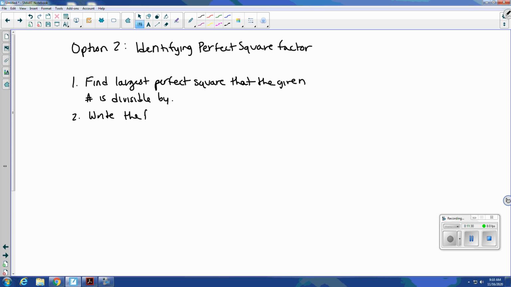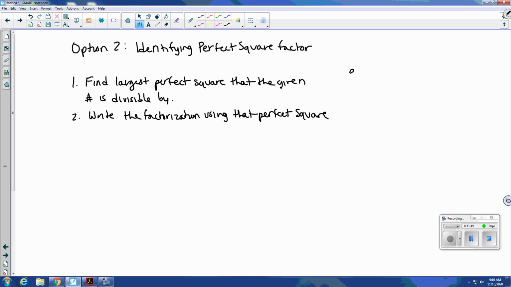Step 2, write the factorization using that perfect square. So we're going to use the exact same example so you can see how this could be used either way.